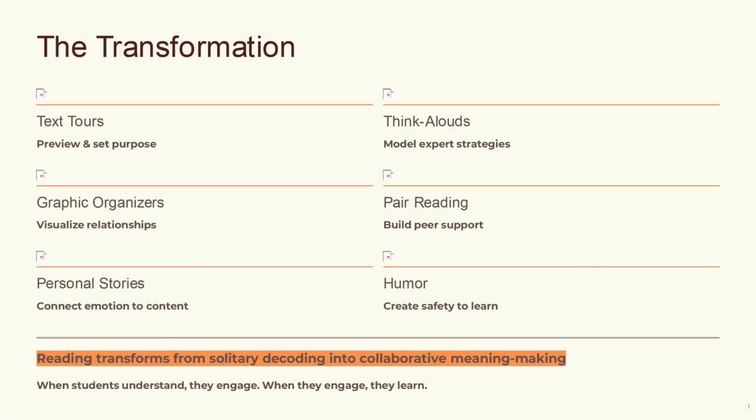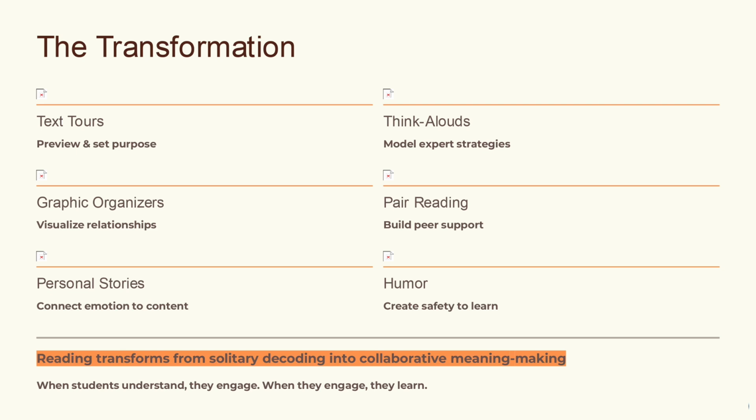Let's go back and see the big picture. These 6 strategies, text tours, think alouds, graphic organizers, pair reading, personal stories, and humor, work together to change not only how students read, but how they feel about reading. We have before and after sections on our slides. In the before section, the traditional classroom is gray, silent, and teacher-centered.